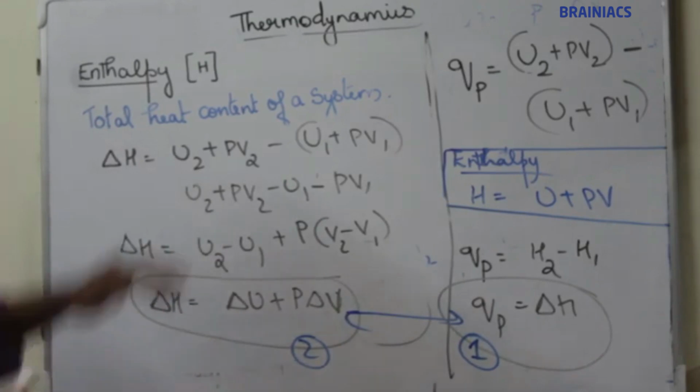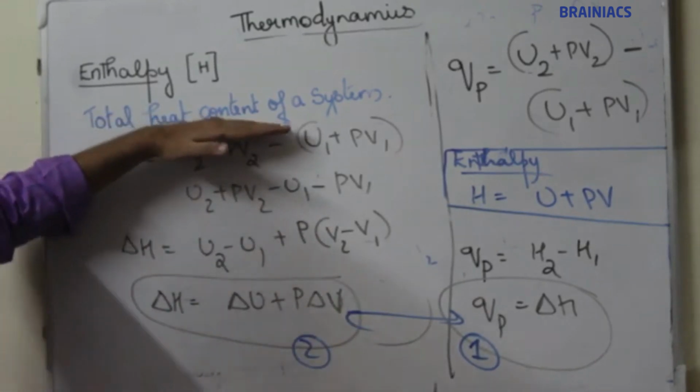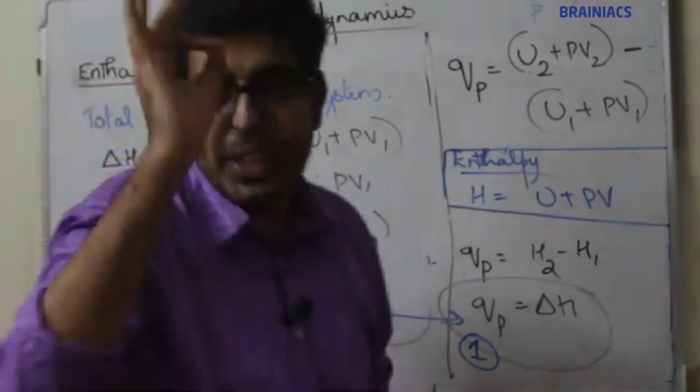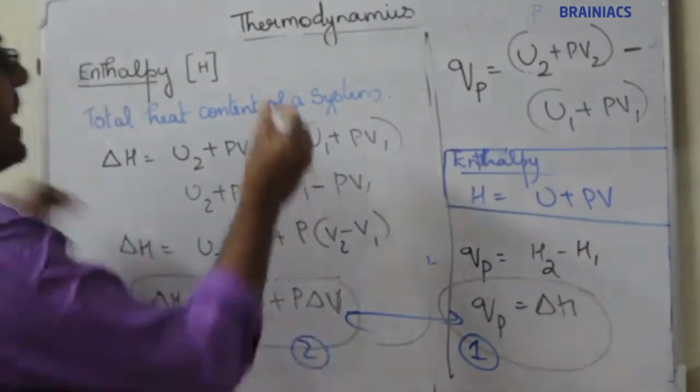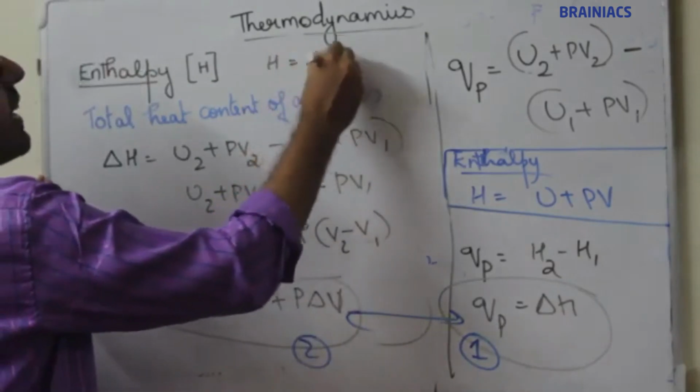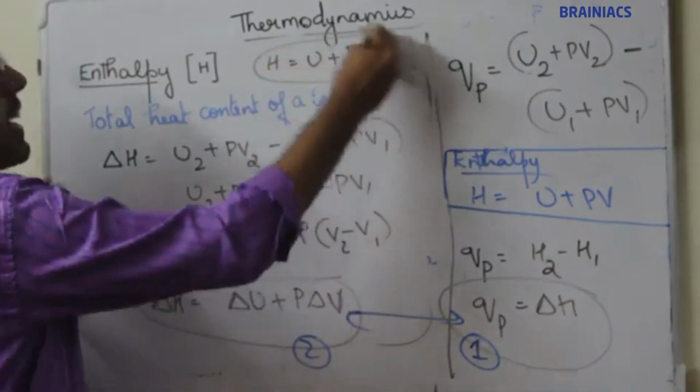Okay. So what is enthalpy? It is the total heat content of a system. But actually enthalpy is the sum of internal energy and pressure volume energy inside a system.